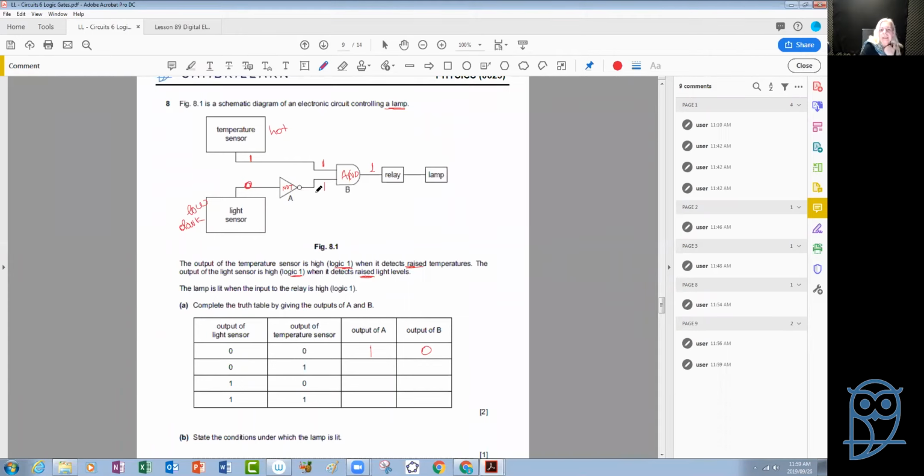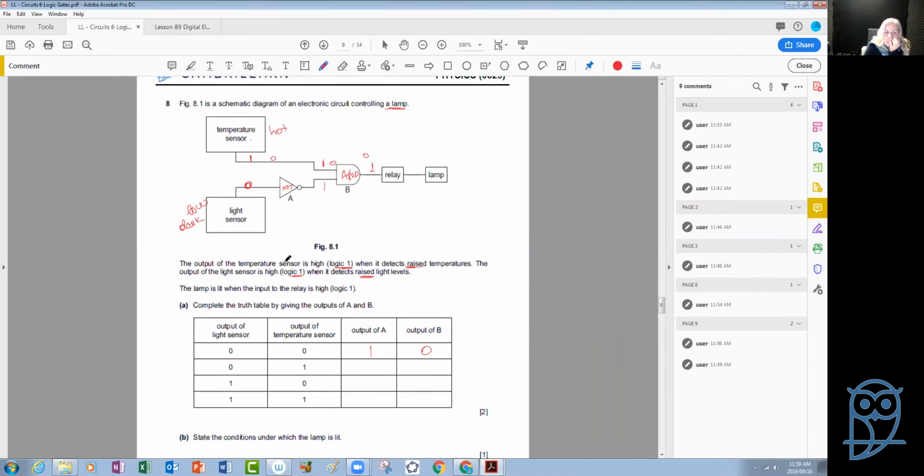If both the temperature sensor and the light sensor outputs are 0, then the output of the AND gate will be 0.